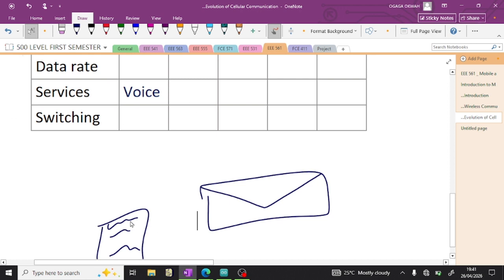So this process is also applied in signals, in transfer of information, not digital yet. The first generation, they work with analog. So this process of placing the letter inside the envelope, in our case placing the message signal, the voice message you want to send, into another signal that can be transferred, is known as modulation.